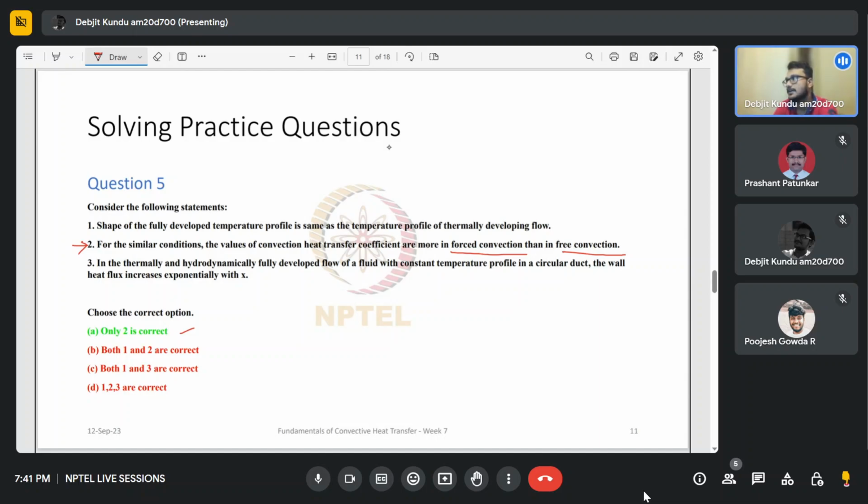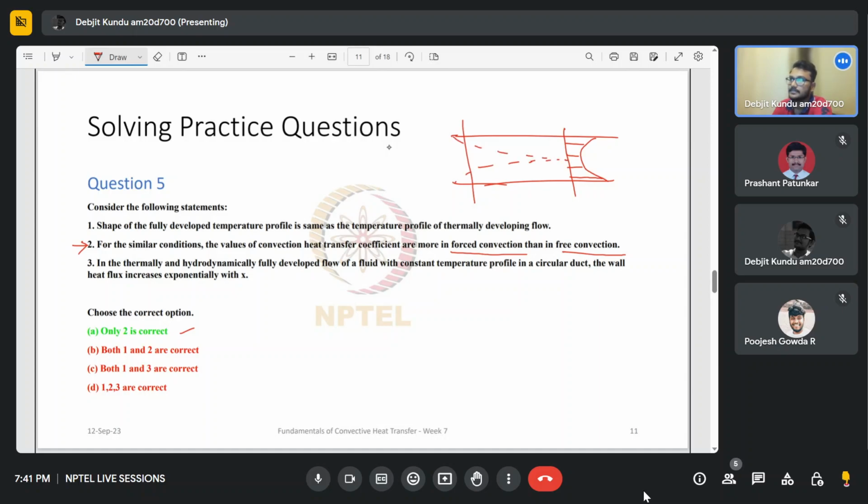So statement 1, shape of the fully developed temperature profile is something like this, right? And the shape of a developing profile, let's say this is how my thermal boundary layer develops.